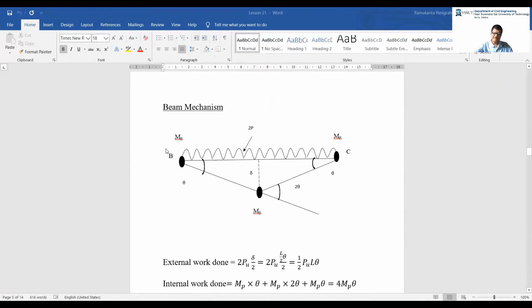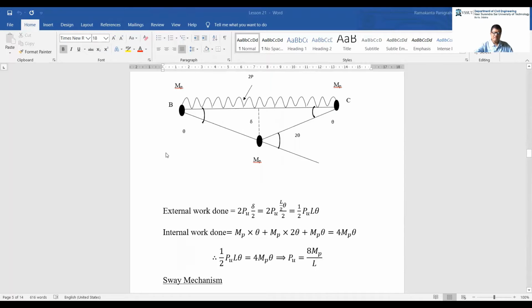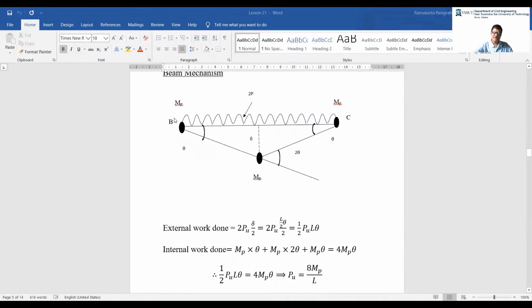Now come to the beam mechanism. In the beam mechanism, we have the span BC. We have MP here, and MP here, and also here, because at the joint, MP is the lesser of the beam and the column.